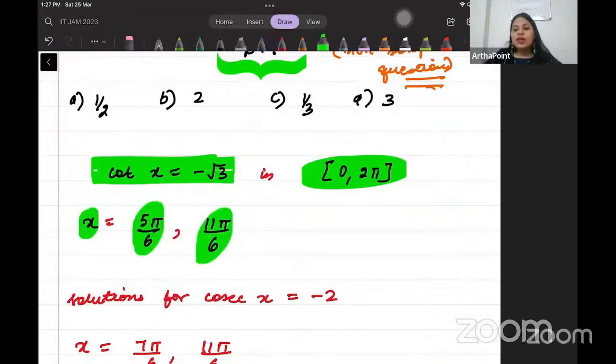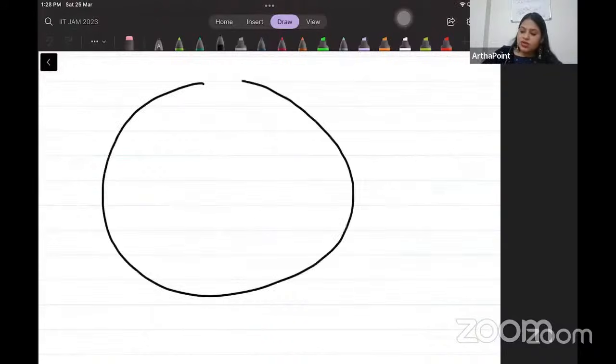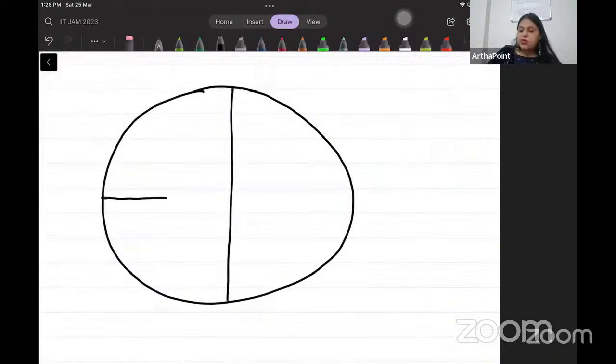To give you a circle, I'm making it for cot theta. It is just going to be helpful for you but I want you to understand this well, okay? Let's have something like this, and so this is 0.